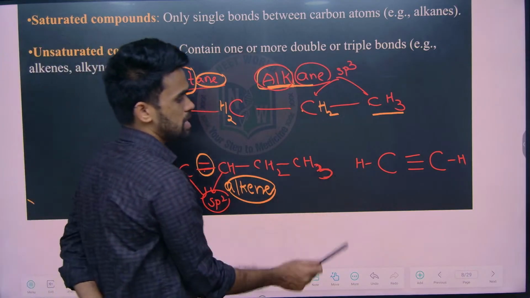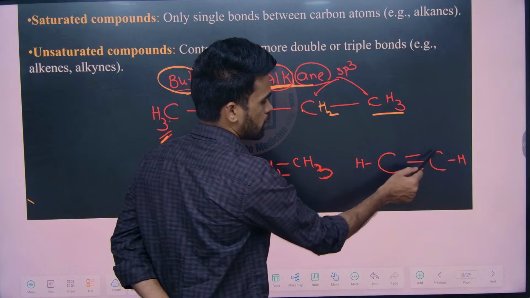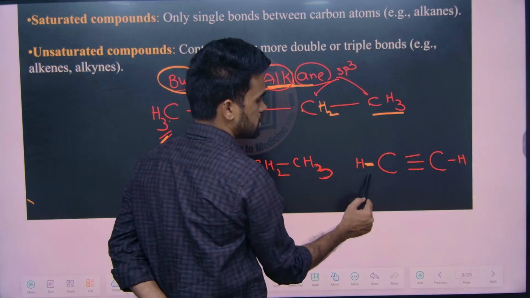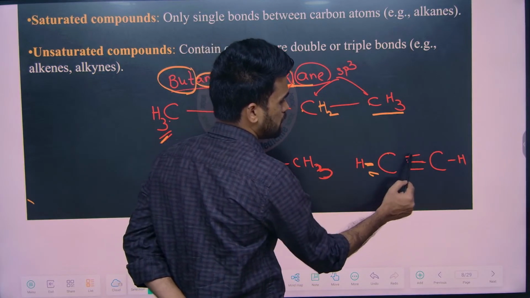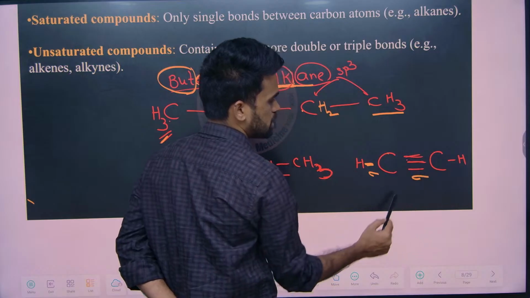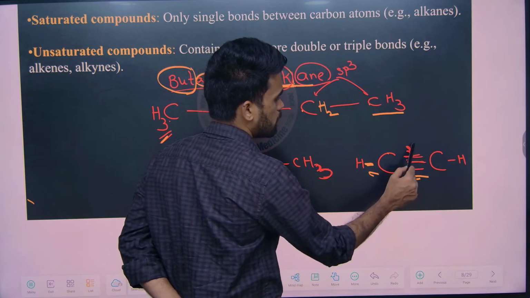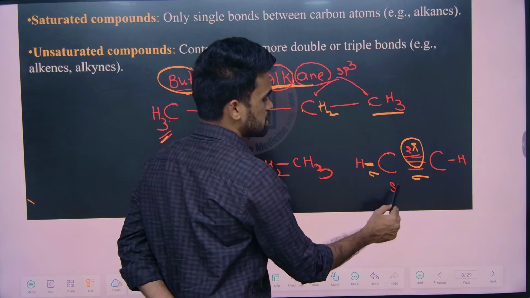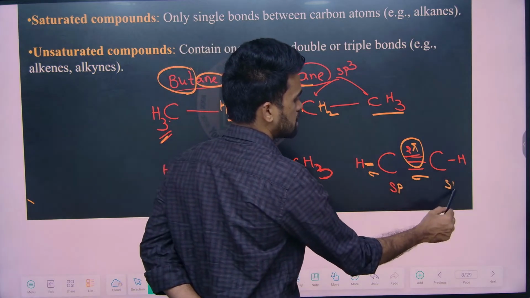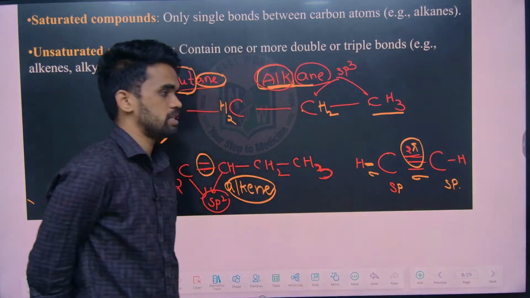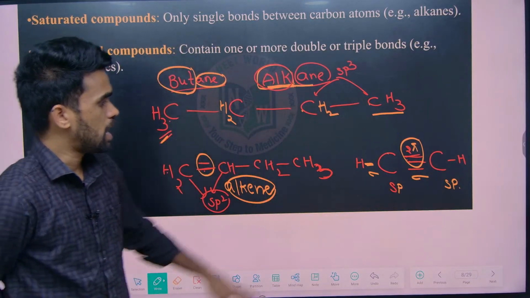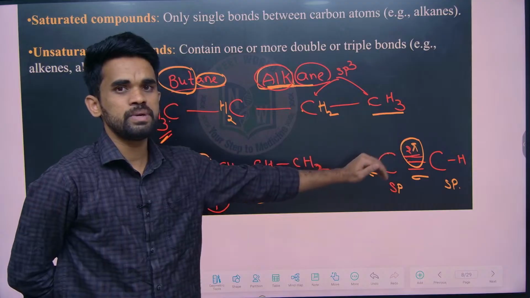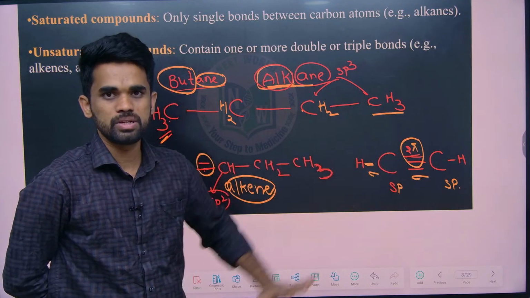If you observe, the carbon has 1 hydrogen, this is a sigma bond. Out of these multiple bonds, 1 is considered to be sigma, and the remaining 2 are pi bonds. So 2 sigma bonds means this is sp, and here also it is sp. Like this you can understand. So in alkynes we have 2 sp carbons.